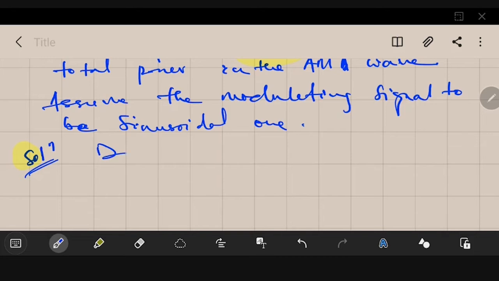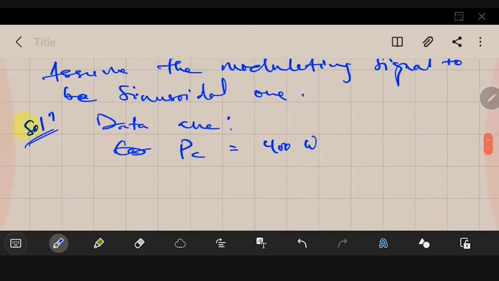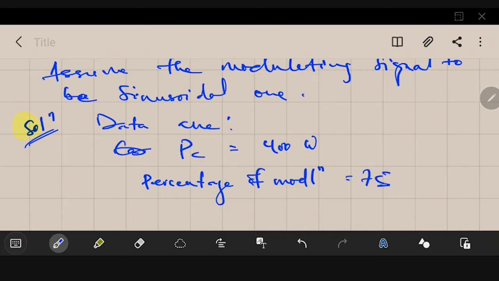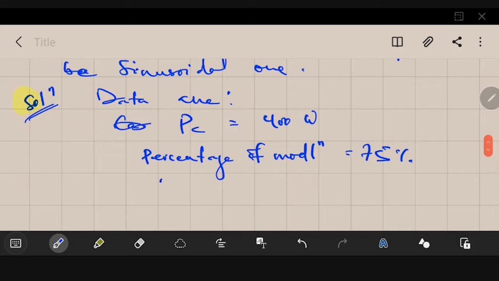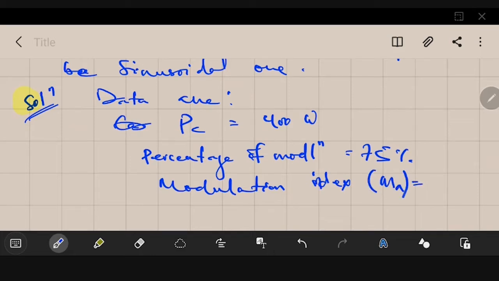So the data that are given are, one, your carrier power, which is PC. PC is equal to 400 watt, and then percentage of modulation is given, which is 75%, which means that our modulation index, which is your M subscript A, is equal to 0.75.